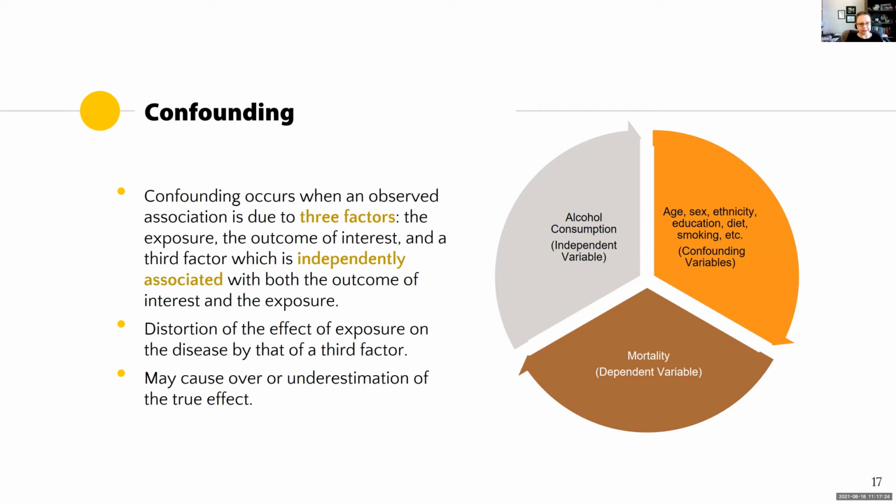In my example over here, we're going to look at alcohol consumption and mortality, but alcohol is not the only thing that causes mortality. So you have to account for all these other variables: education, ethnicity, diet, smoking, age. All of those things affect mortality too. These are the confounding variables there in the orange. So does anybody know how to control for this kind of stuff?